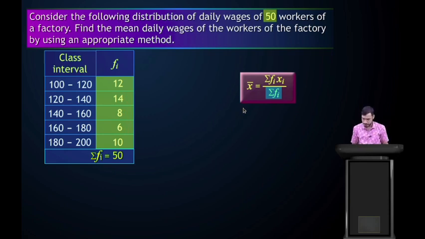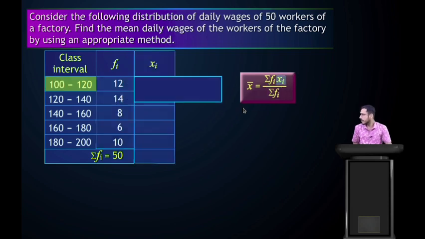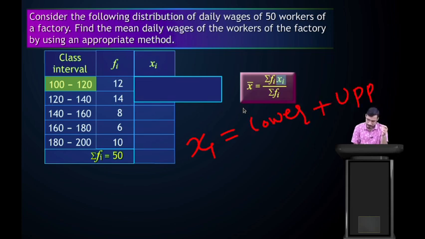Now xi, how can you find xi? Can you tell me? Xi means mid value. And how can we find the mid value? Lower limit plus upper limit divided by 2.